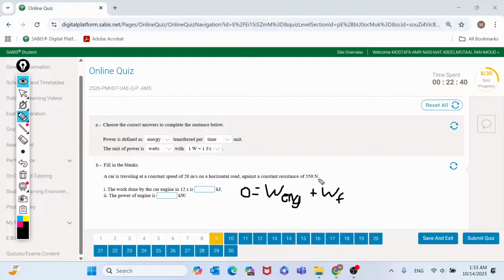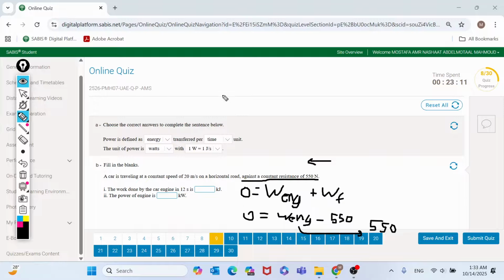But the work of friction is going to be negative 550, because it's against a resistance, like it's against the direction of motion. So 0 equals work of the engine minus 550. That means the work of the engine, if you put it on your calculator, is going to equal 550.